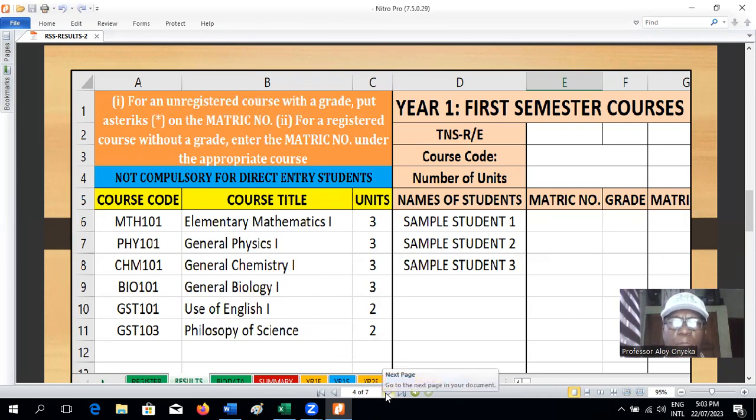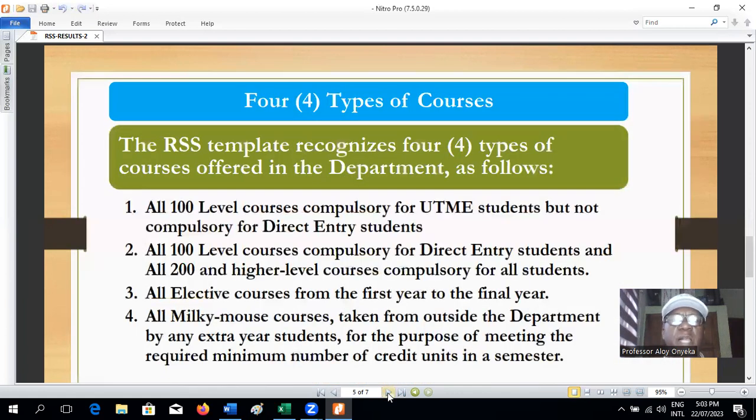Now, there are actually 4 types of courses that RSS recognizes, and there are different sections of the RSS on the result worksheet where you have to enter these courses.